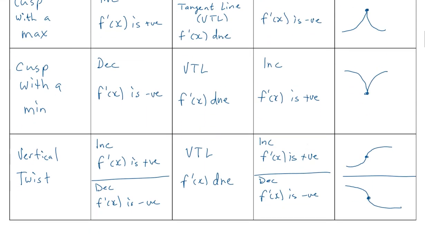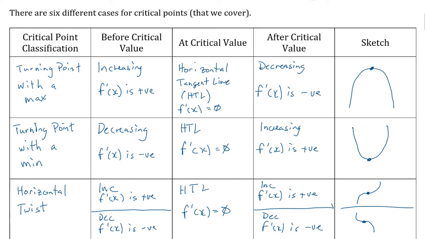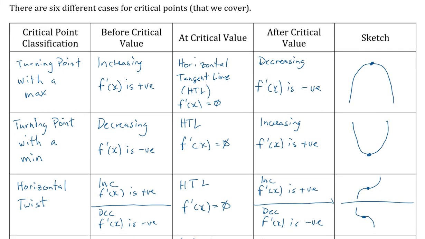And that allows us to classify these points as possibly something interesting happening or maybe not. And so, as I said, this is going to lead into curve sketching. When we want to sketch a curve, this is going to help us know what's happening at these locations, what it looks like. So we want to remember these different ways of classifying critical points.